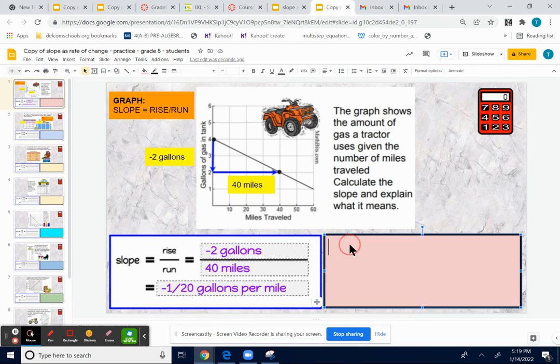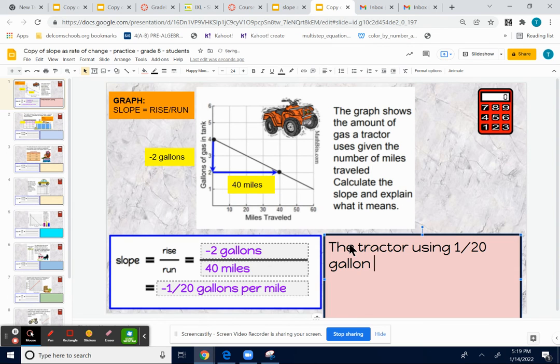So I could write the tractor is using up, or you could put losing 1/20th of a gallon of gas every mile.